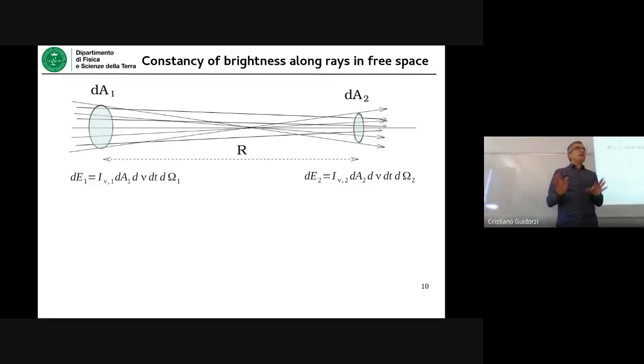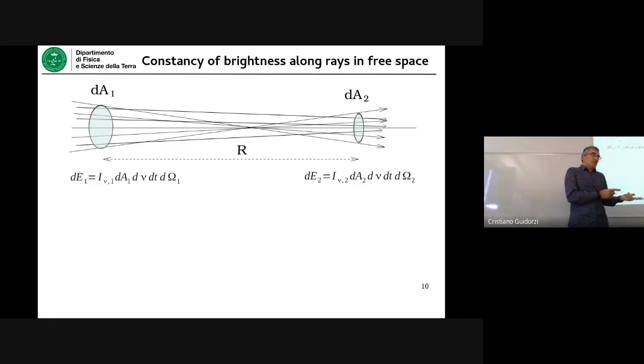In a completely symmetric way, you can reason the same for the second surface. So the amount of energy, which I call dE2, crossing the surface element dA2 is, by definition, the value of intensity at that point where surface 2 lies, which I will call I nu 2, times dA2, times the same frequency interval d nu, because I'm considering the same photons.